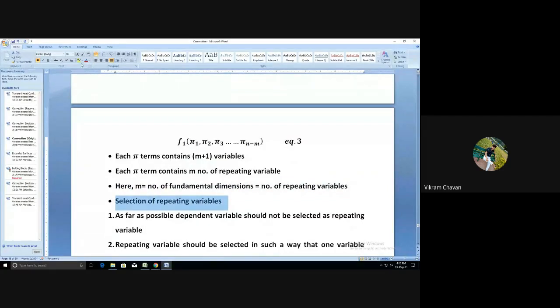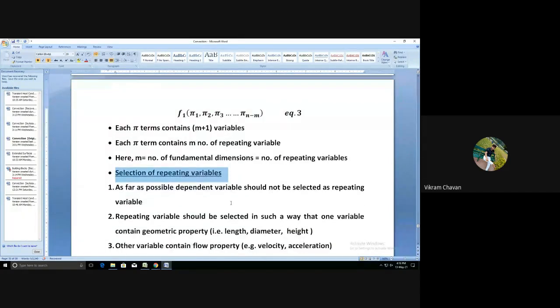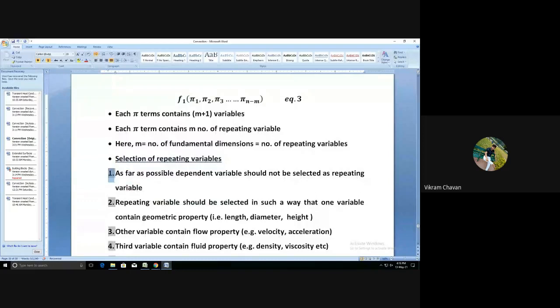Now we have to select the repeating variables. For that purpose, we have to follow some rules for the selection of repeating variables. We can write them one by one.